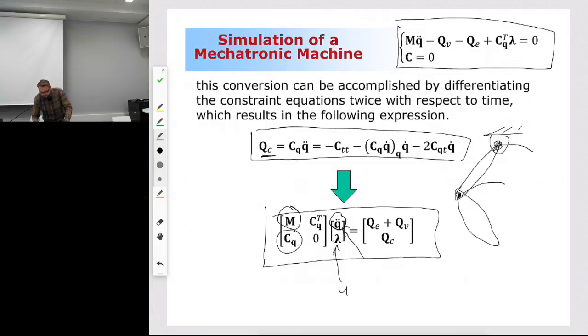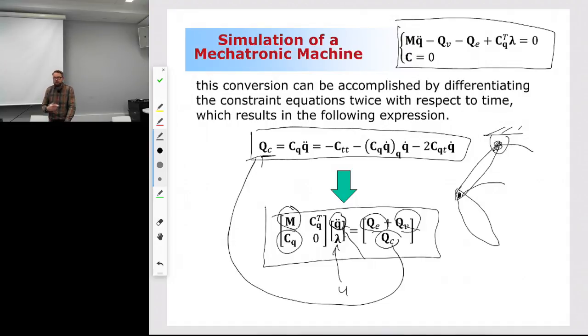This vector of Lagrange multipliers will consist of 4 components. These are reaction forces because of the revolute joints. Then I have here external applied forces, the quadratic velocity vector, and the Qc, which comes when I differentiate the constraints twice with respect to time.